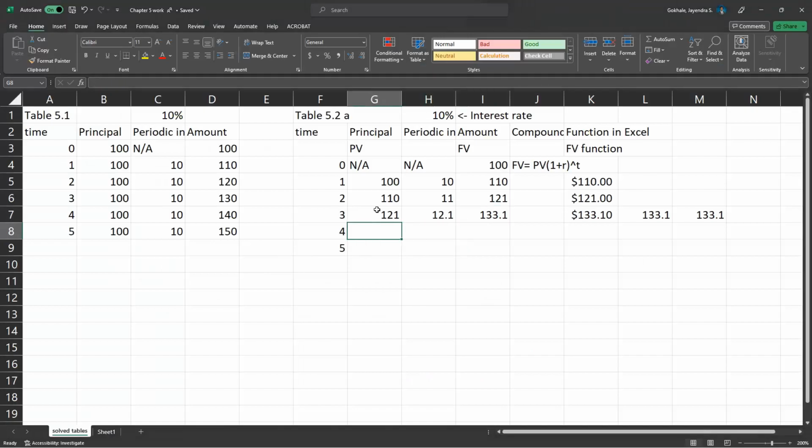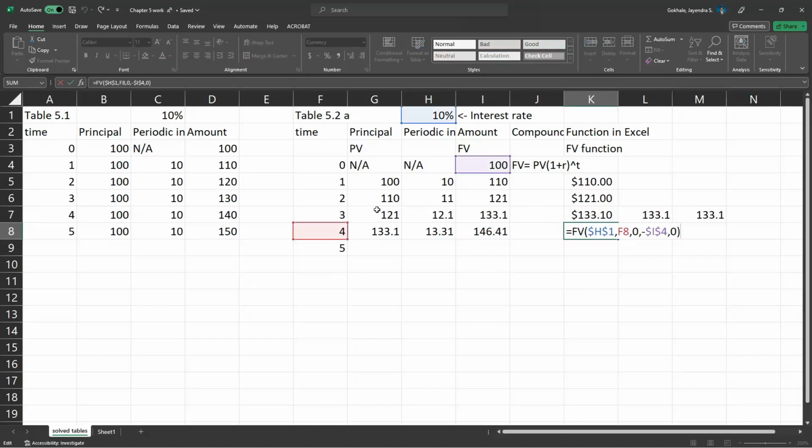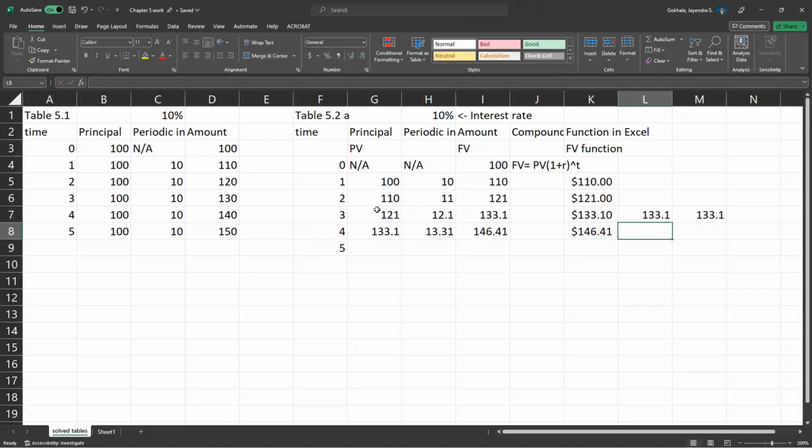Moving on to the next step, 133.1 becomes the starting value at this period. 146.41 becomes the ending value. Difference of these two, about 13.31, is the interest. It's 10% of 133.1. But the interesting part is it can also be obtained from 100 as a starting value using 4 periods with the 10% interest. And so we can also obtain it from 121.